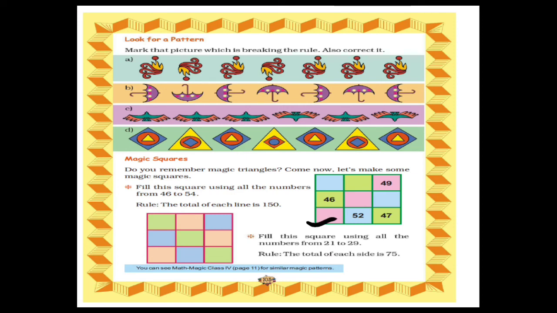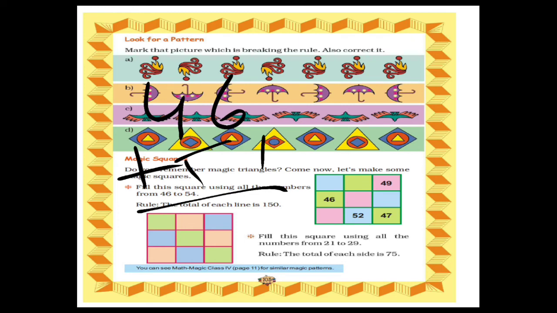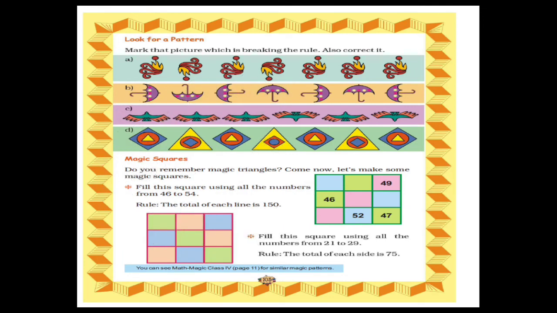So let's find for this row. 46 plus 51 will be equal to 97, right? Now you have to subtract this from 150. So 150 minus 97 will be 53. So in this box you will write 53.